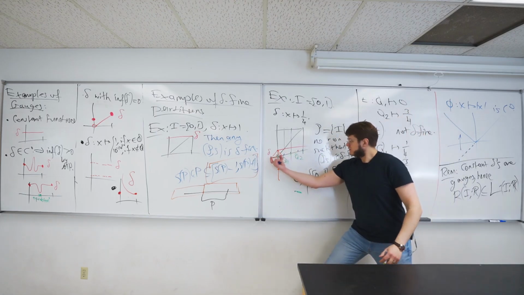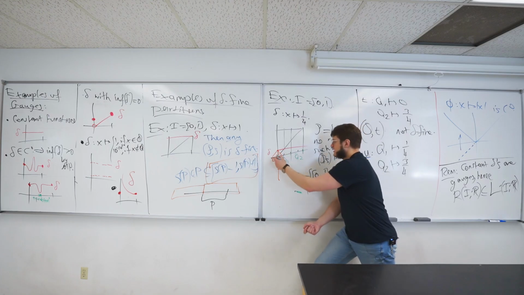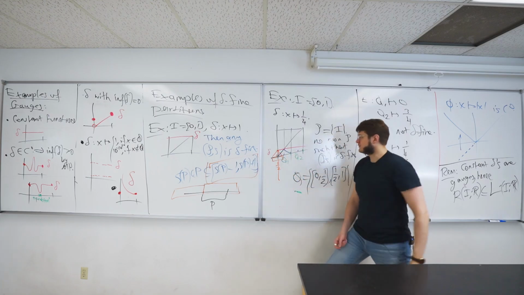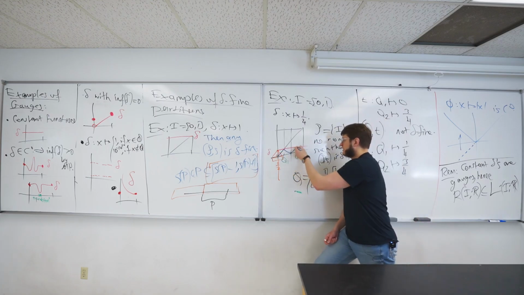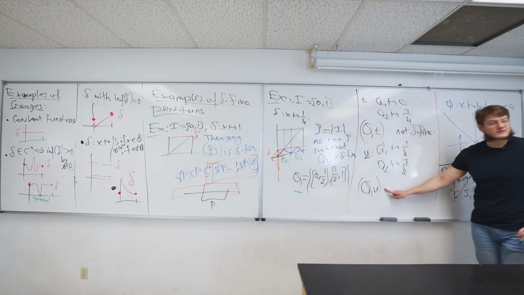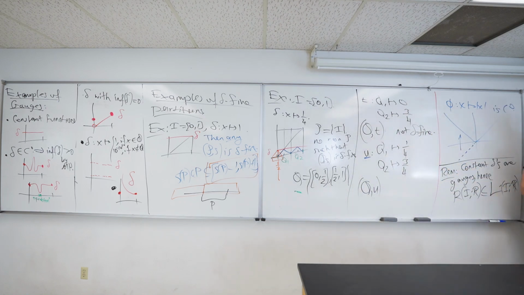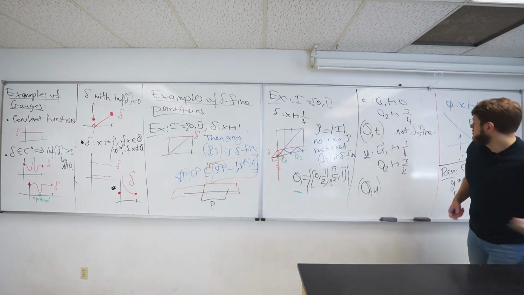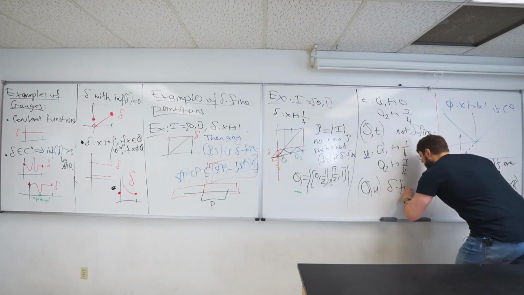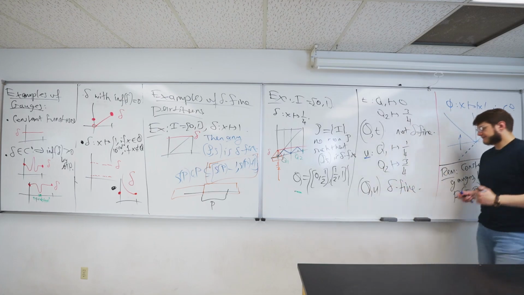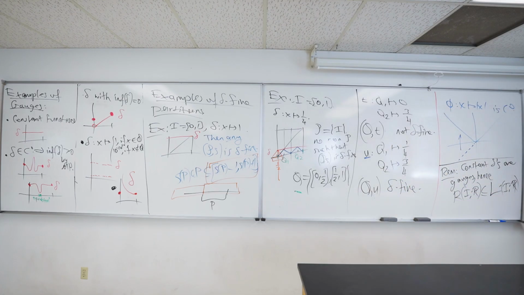Take this triangle, imagine its center to be here. You exactly see this, and likewise, you exactly see this. So this is delta-fine.